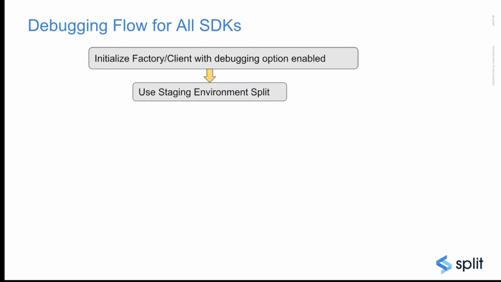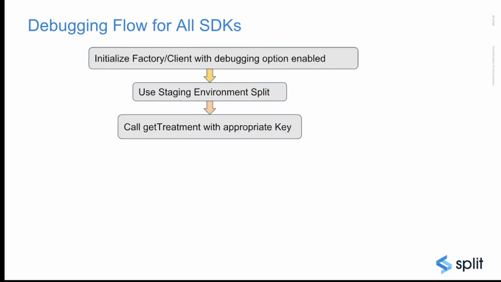Then we usually use a staging environment split so that we can do a lot of testing without impacting any production environment. Then we call getTreatment, and of course we have to specify the client ID or the key, and the key has to be unique so that we can search for it afterwards in the Split UI.